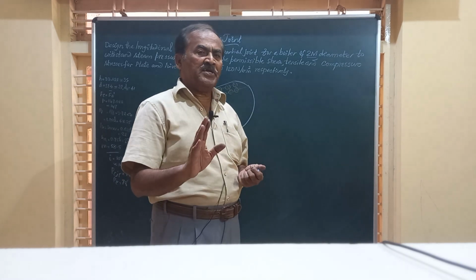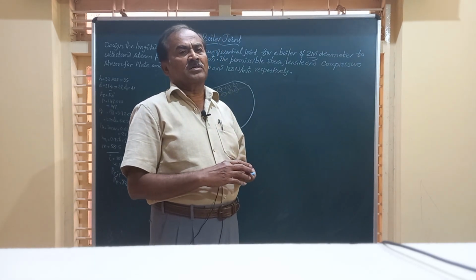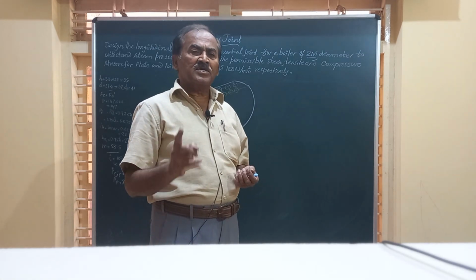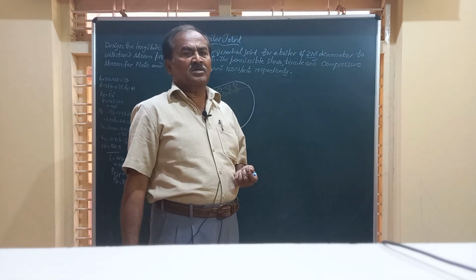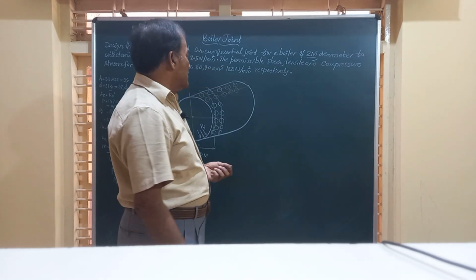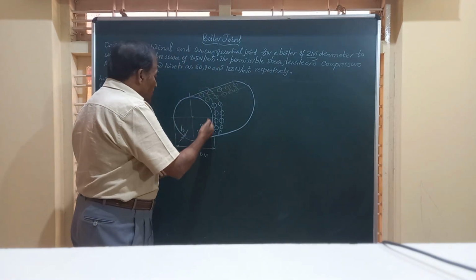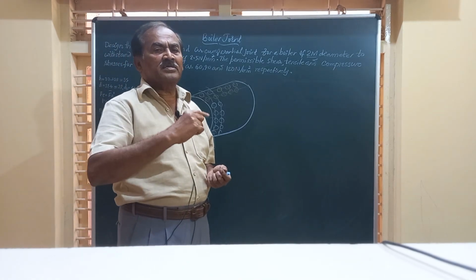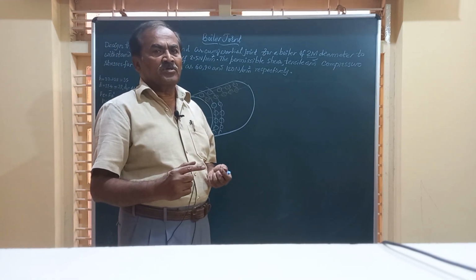Friends, to find this efficiency, there are two tables given in the machine design handbook in the chapter on riveted joints. Based on the diameter of the shell, a joint is suggested.